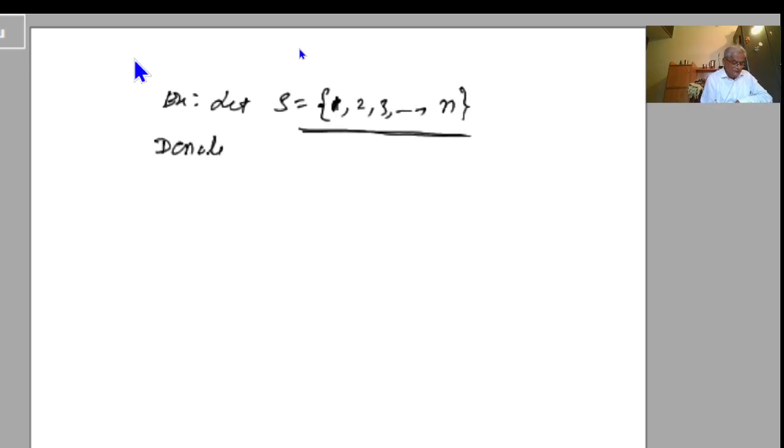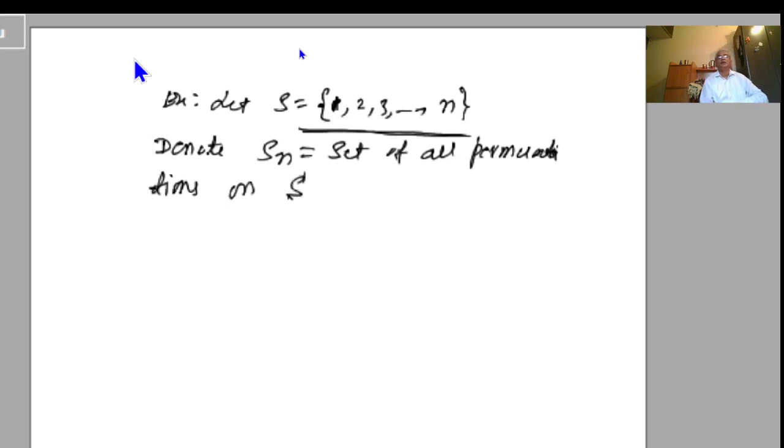Denote Sn equal to the set of all permutations on S. Totally, how many permutations are there? N factorial permutations are there. That is, Sn is the set consisting of all the permutations.